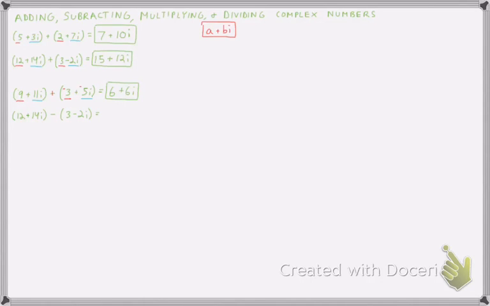Alright, for the next subtraction problem, we have 12 plus 14i in parentheses minus, in parentheses, 3 minus 2i. Again, let's first change this into an addition problem by making the subtraction sign a plus, and then distributing that negative into our parentheses as a negative 3 and a plus 2i. We then underline our real numbers, which is our 12 and our 3, and we could underline our imaginary numbers as 14i and 2i.